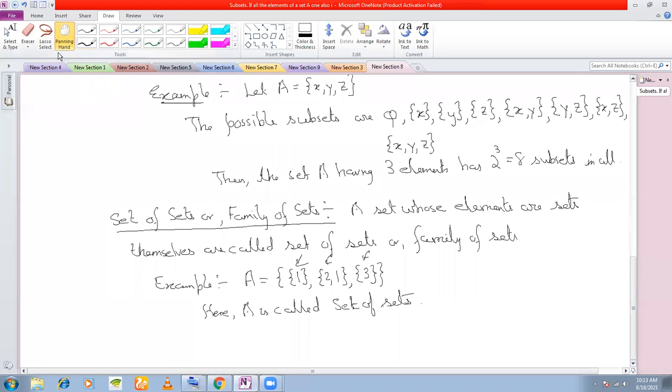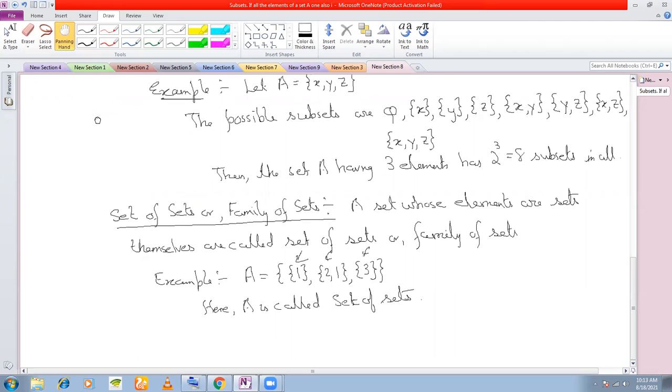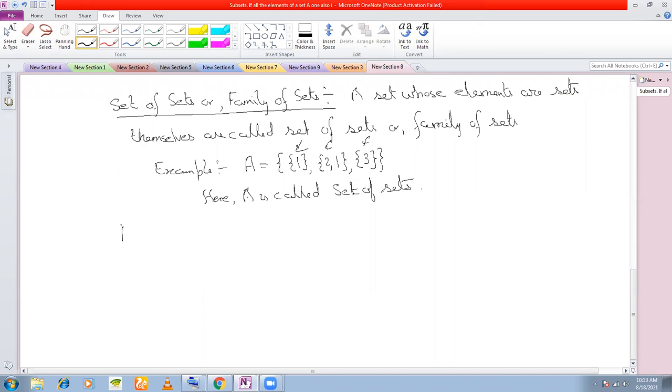Next is a very important definition, which we call the power set. Power set of a set.